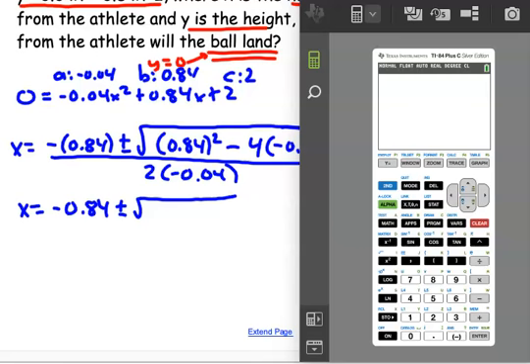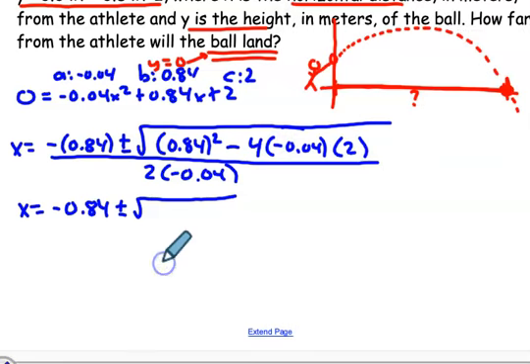But we can get the 0.84 squared. Since it's positive, I'm fine, but I really should have typed it in like this to be safer. And that's how I've been telling you to do it, so I should probably be a better example there. But it was 0.7056.